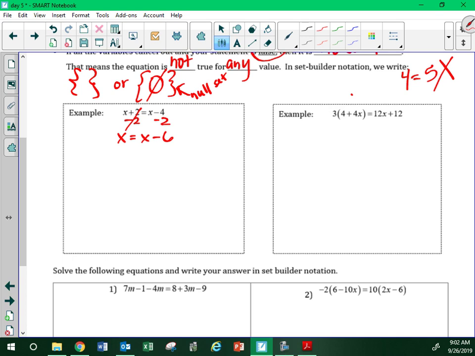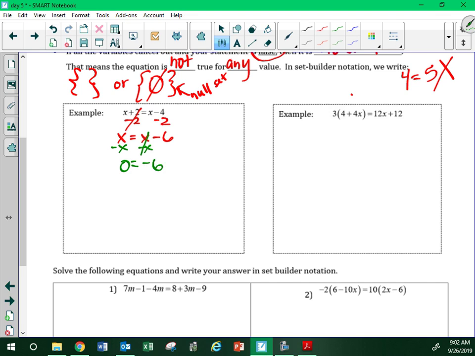And we want to get our x's on the same side. So if I have a positive 1x, what do I do? Subtract my x. What's x minus x? 0. x minus x is 0, and we still have our negative 6.